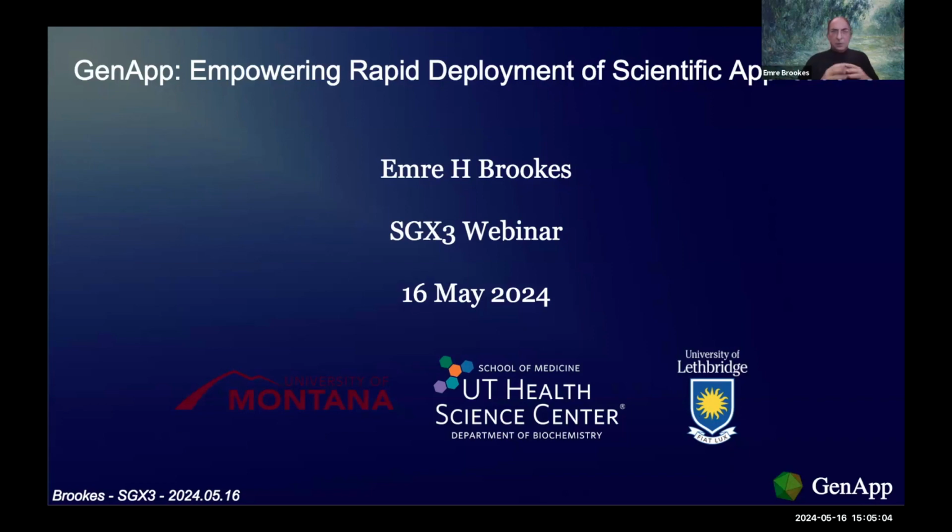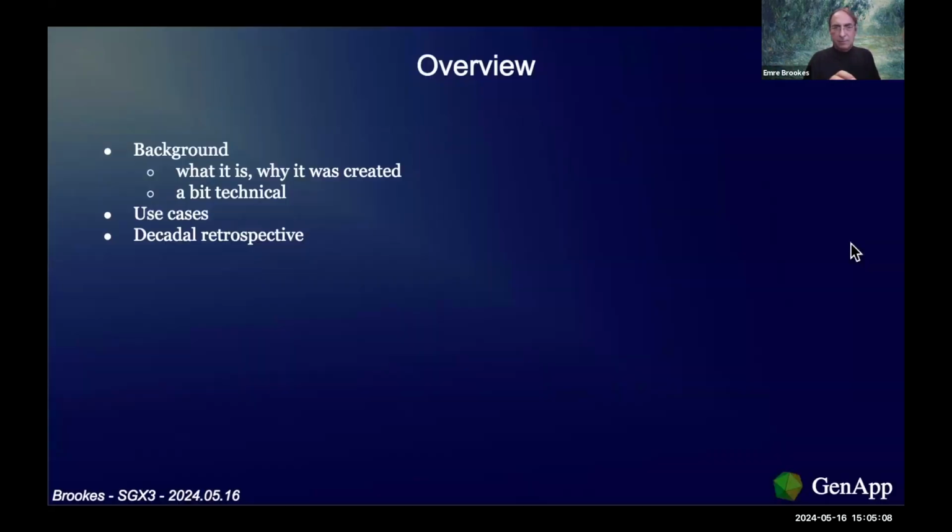Okay, so what are we going to do today? I'm going to start with an overview of GenApp, what it is and why it was created. I want to explain it so hopefully it's understandable as to what it does, so I may get a bit technical.